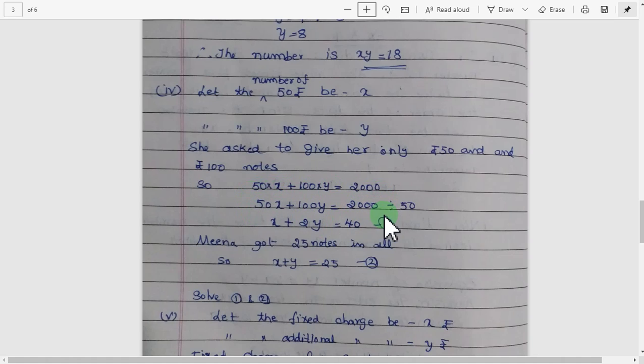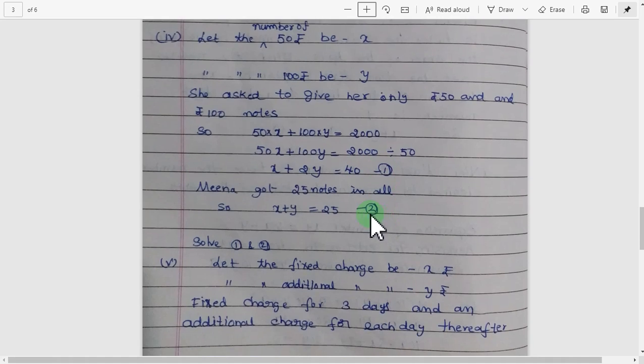Here there is a common factor, 50 is a common factor, you can divide by that. X will remain, 5 twos are 10, 5 fours are 20, so X plus 2Y is equal to 40. So this is our first equation. Next statement given, she got altogether 25 notes of 50 and 100, right? So X plus Y: 50 rupees X notes are there, and 100 rupees Y notes are there.